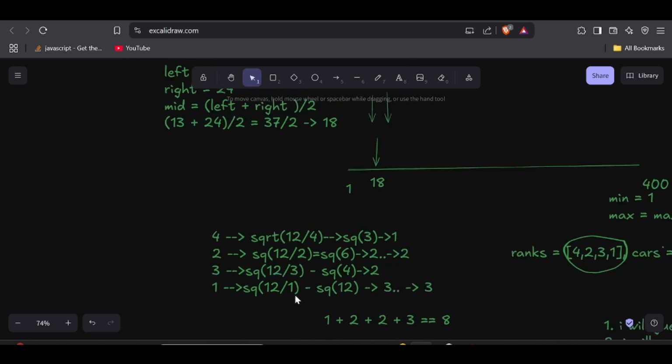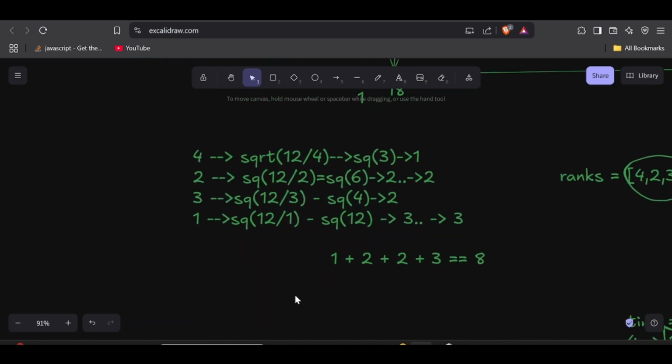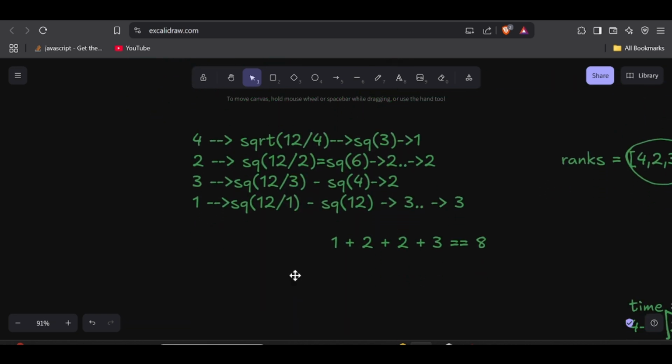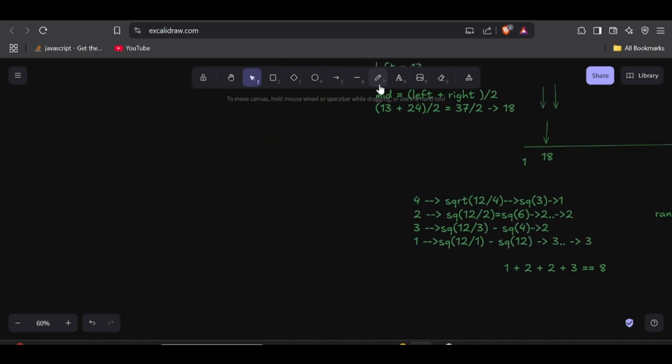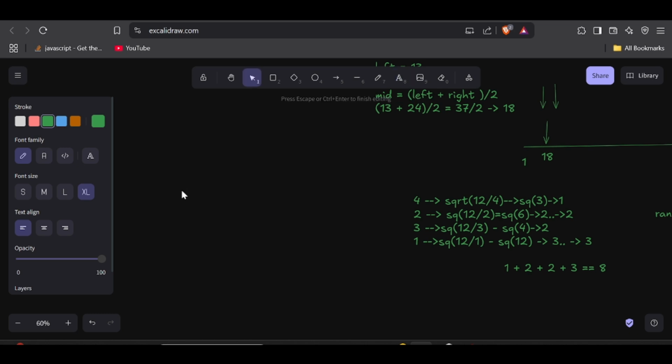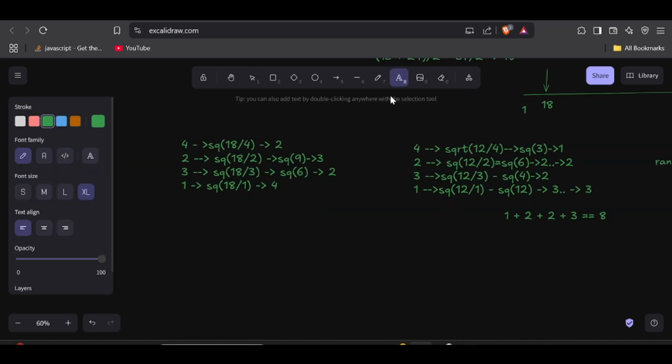So now let's check whether 18 is a possible solution or not. Okay. So let's again do it. Let's do it a little bit fast. So I have done the calculations here. These are the number of cars that are being repaired by the mechanics. That is 2 plus 3 plus 2 plus 4.